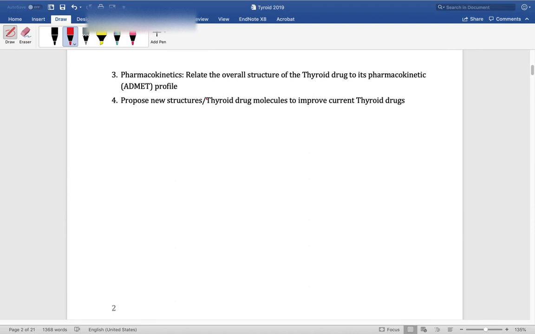Finally, we are also going to look at the ADMET profile, specifically the metabolism of some of these drugs, and see if you can use the pharmacophore plus the structure activity relationship to predict new drugs.